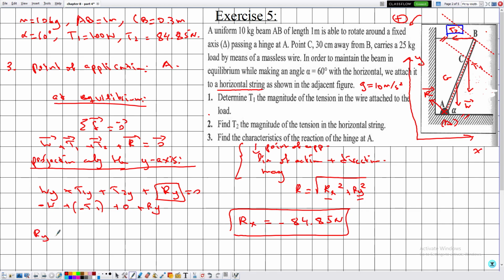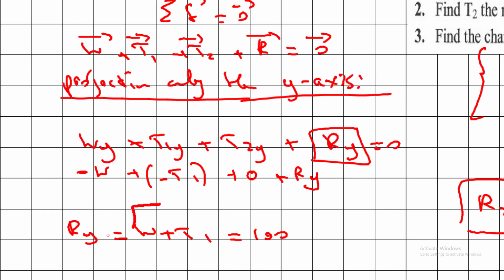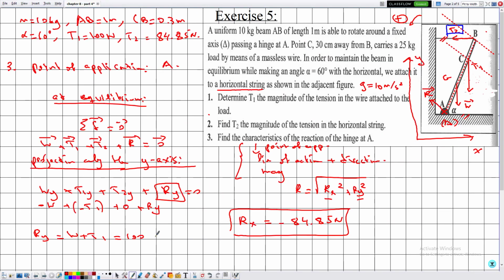Then ry is given by w plus t1, which is equal to 100. Now the weight is given by m multiplied by g, which is equal to 10 multiplied by 10, which is equal to 100 newtons. So 100 plus 100 is equal to 200 newtons. Then ry is equal to 200 newtons.